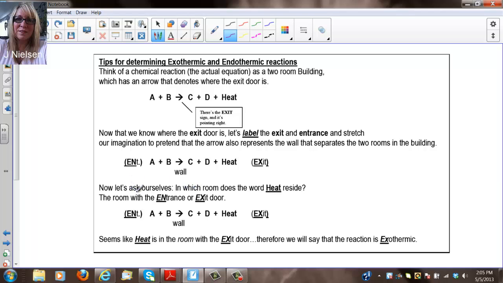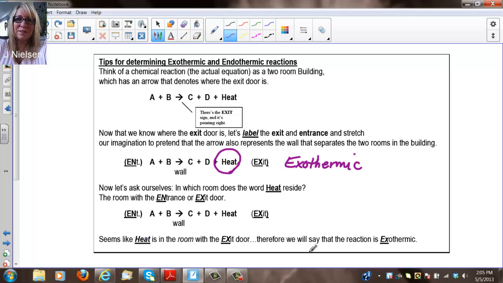Let's ask ourselves, in which room does the heat reside? The room with the entrance or the exit. So here, heat is on the right. It's in the room with the exit. So this is going to be exothermic. When we look at this equation, where does heat reside? Okay, they take more steps to get to where I already got.